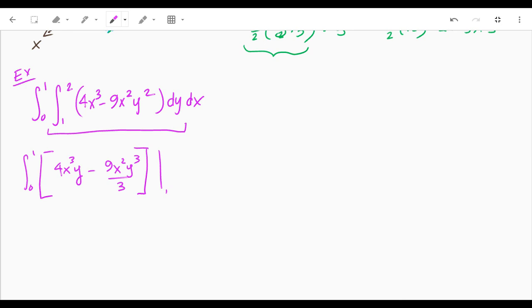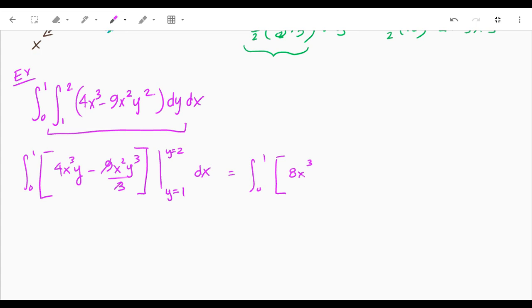This is one way that you can write that. You can also write y equals 1 and y equals 2. Sometimes that's nice when you have a lot of variables that you're working with. Okay, so now we're going to plug in. We're going to have 8x cubed.